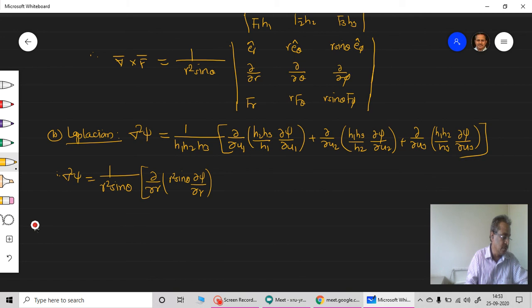The second term is ∂ by ∂theta of, now h1 and h3 is r sin theta upon r, so sin theta remains here, into ∂psi upon ∂theta. Plus ∂ upon ∂phi, h1 h2 is r upon r sin theta, so it comes to be 1 upon sin theta in the coefficient, into ∂psi upon ∂phi.